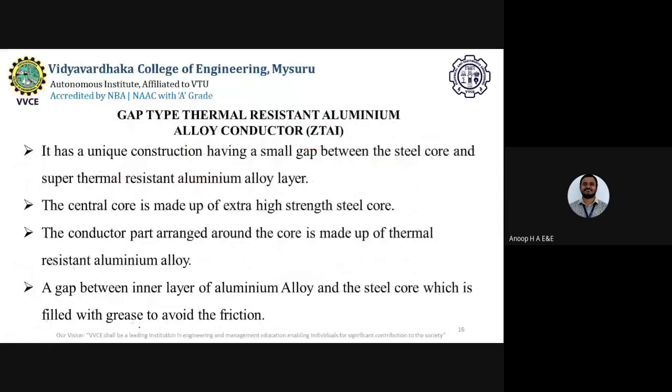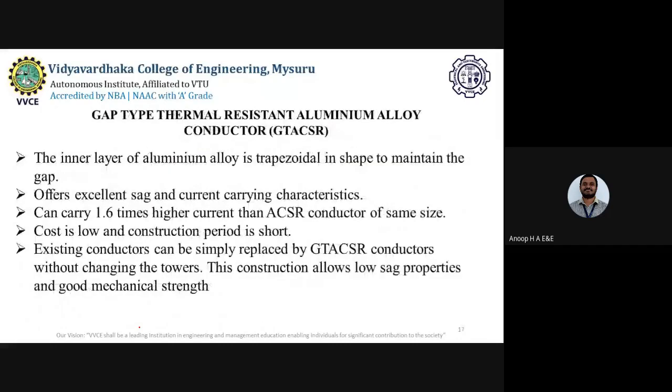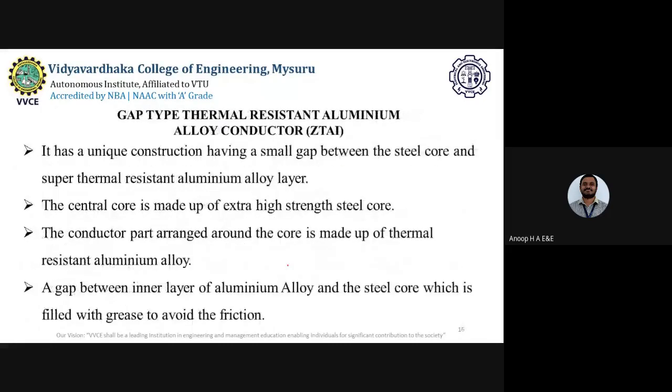So it has a unique construction having a small gap between the steel core and the super thermal aluminum alloy. You will have the central core material made up of extra high strength steel core. Next, you will have the conductor partly arranged around the core, made up of thermal resistant aluminum alloy.